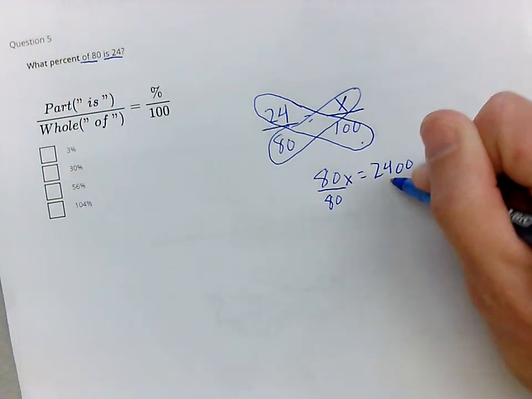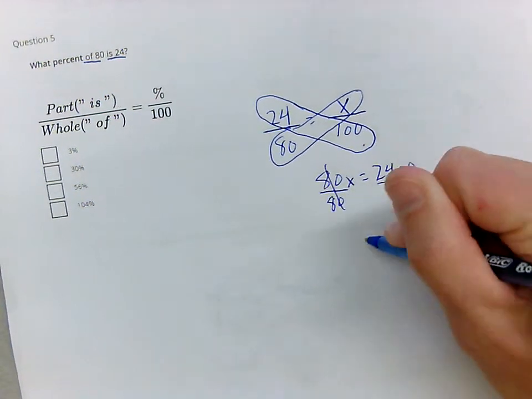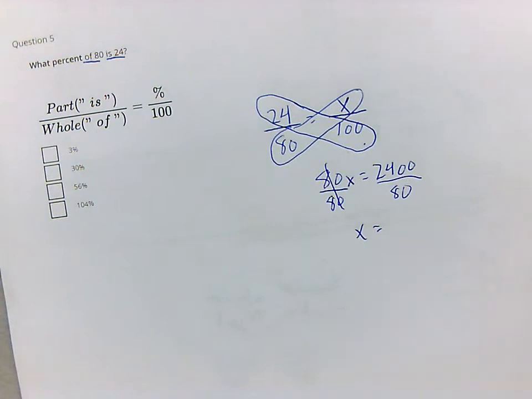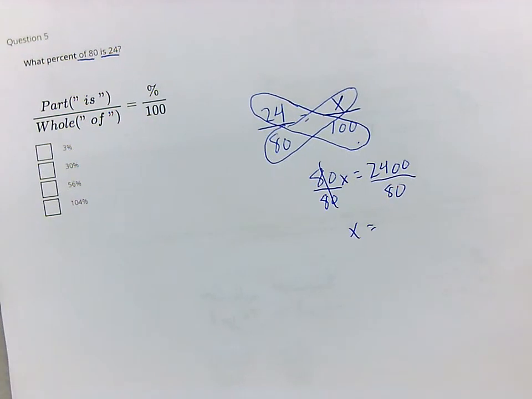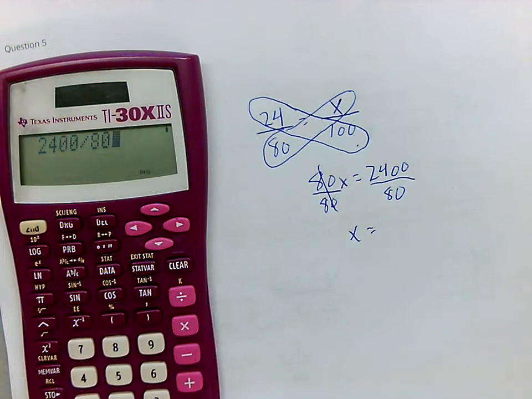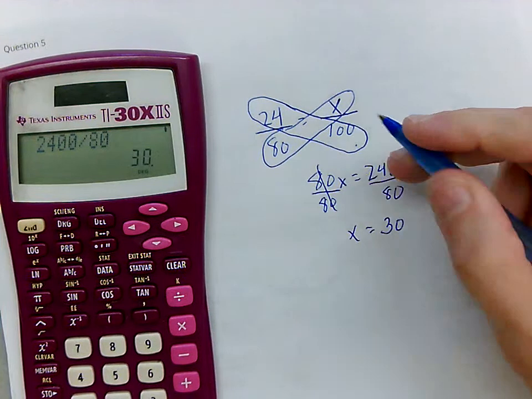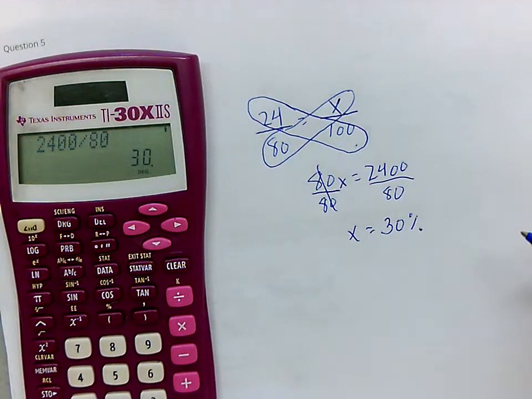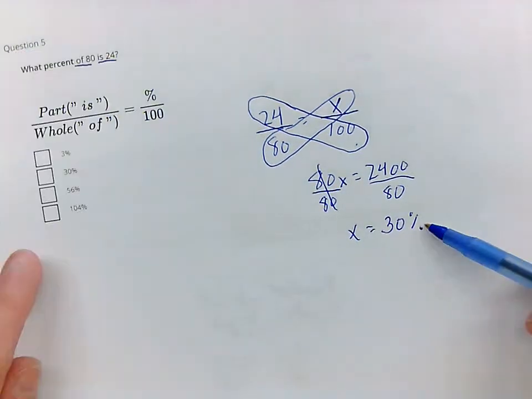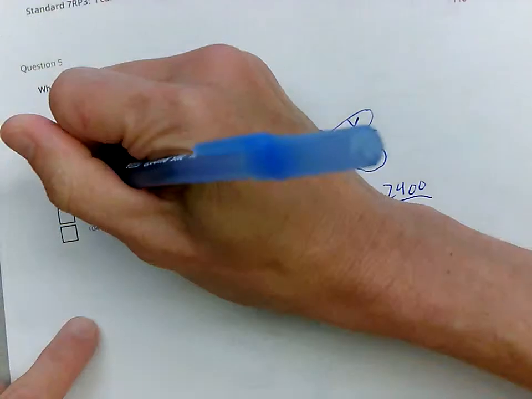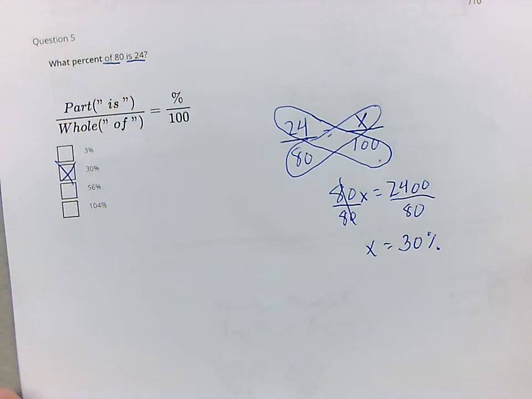So we're going to divide by 80. So 2400 divided by 80 equals 30. And we're solving for the percent. So 24 is 30% of 80.